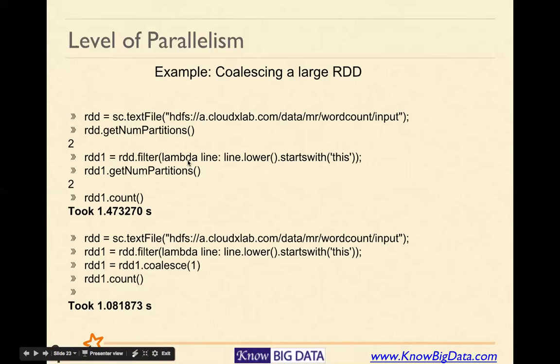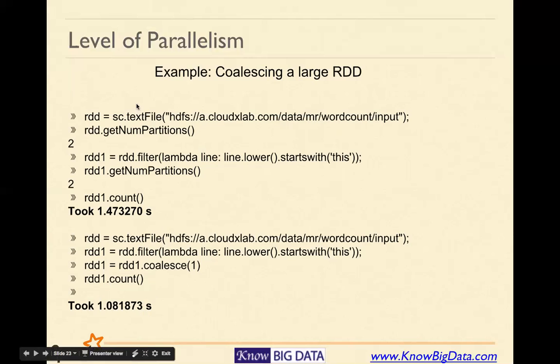Okay. So RDD1 will have very few words left. So when you say RDD1.count, it's going to take more time than the second one where we have repartitioned and made only a single partition after this. Okay. This saves a lot of time.